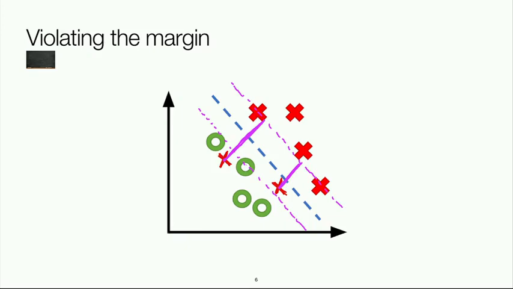We can also have another kind of case where I have a data point that is correctly classified. Technically it's on the right side of the decision boundary, but you can see it's still violating the margin. The margin is supposed to be the minimum distance to any data point, but we can clearly see that this data point is closer to the decision boundary than these other data points that define the margin. This is also allowed in the soft margin SVM, where we're saying, I would really like my margin to be this big, because we're trying to maximize the margin.